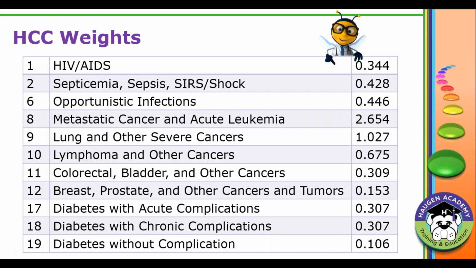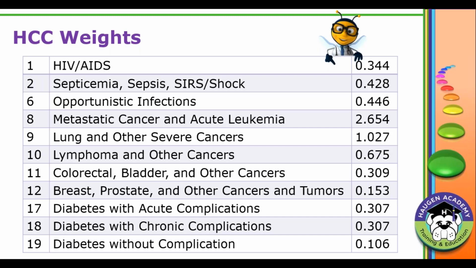So here's a list that shows some more of these categories with the weights. This is just a snippet. One thing I wanted to point out is if you look at the risk or relative factors, the weight scores, in relation to the HCC number, they don't correlate as far as biggest to smallest.